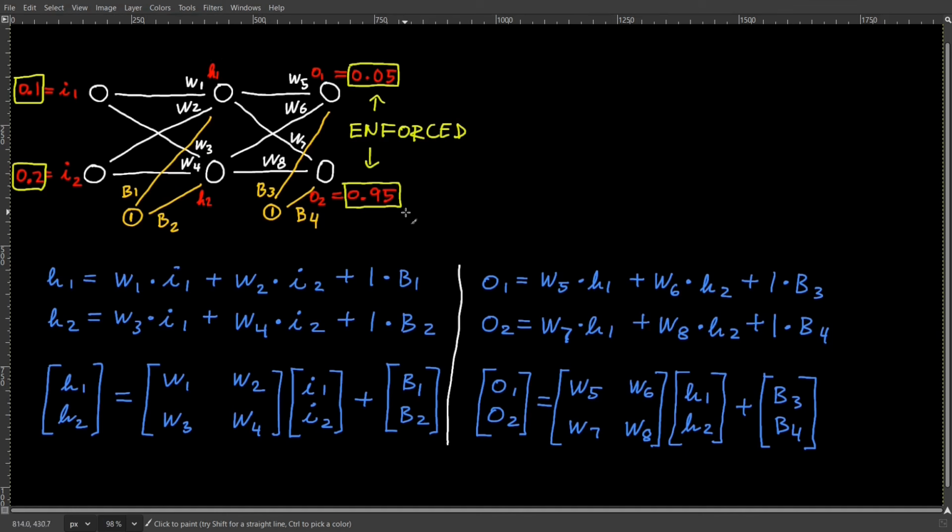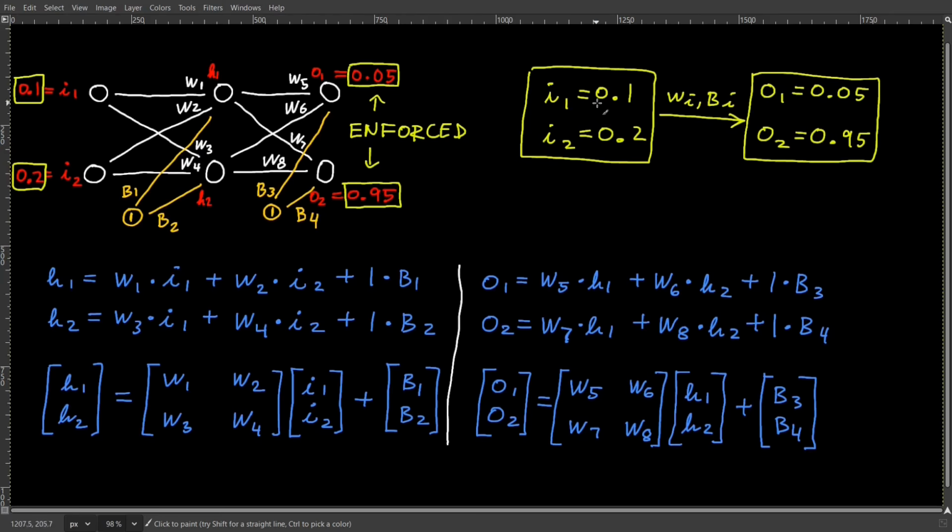I want them to be enforced. I want them to be guaranteed. The only way I can make that happen is when I find the right values for the weights and biases that will map these input values to the desired or required output values. Since we don't know in advance what these required weights and biases are, we would first initiate them with some values.